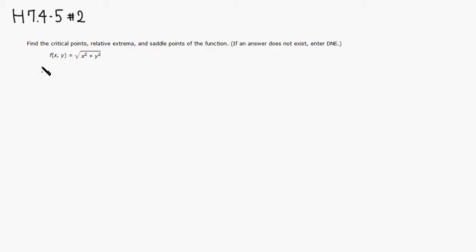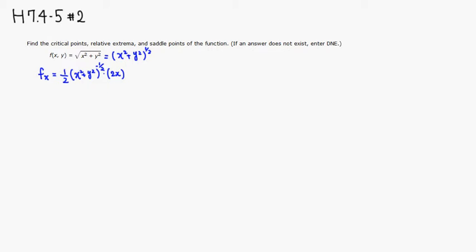Alright, so we have to take the partial derivative with respect to x. So the partial of f with respect to x is going to be, I'm going to rewrite it as x squared plus y squared raised to the 1/2 power. So put 1/2 in front, keep the same inside function, subtract 1 from the power, so it's a negative 1/2, and multiply by the partial of the inside with respect to x, so that would be 2x.